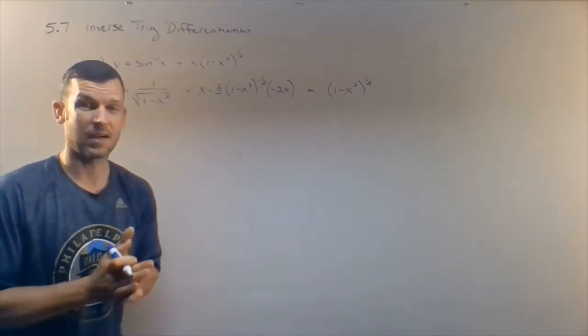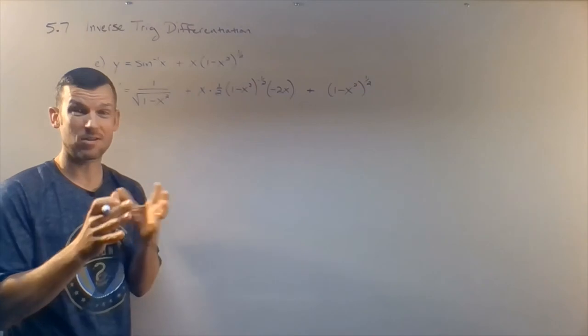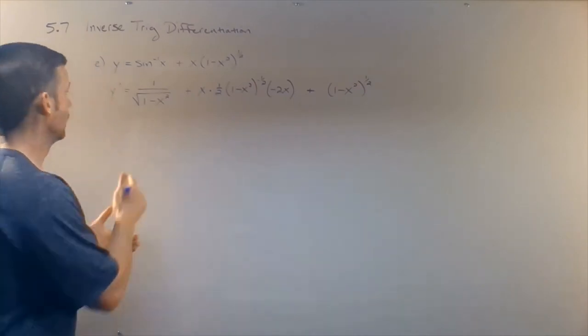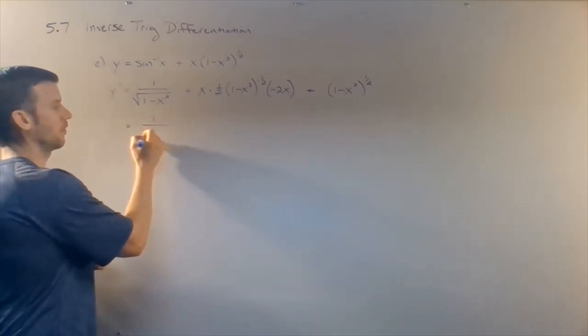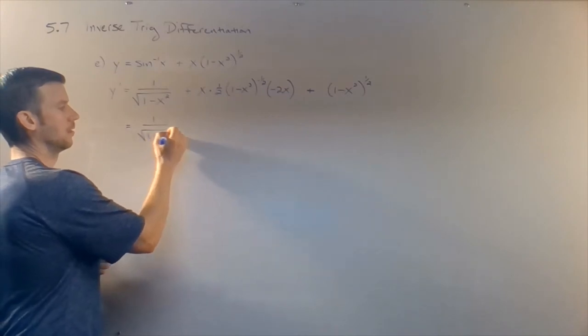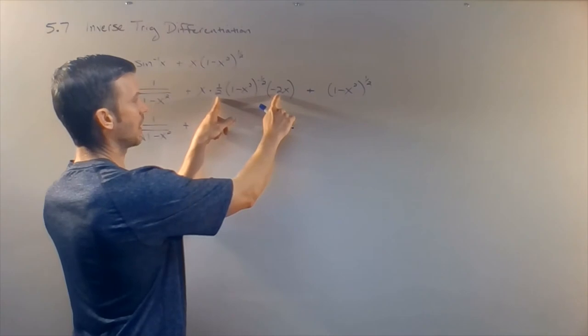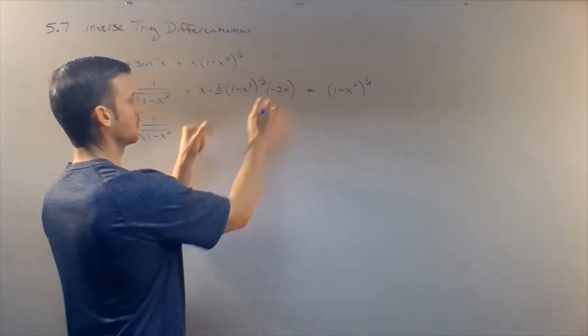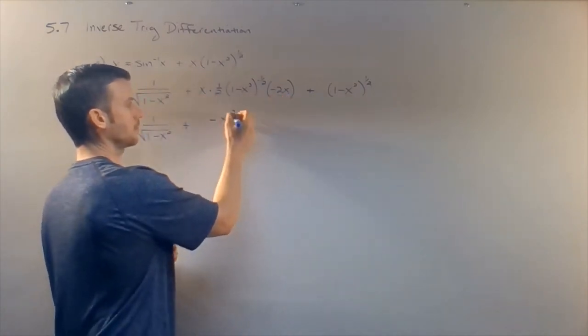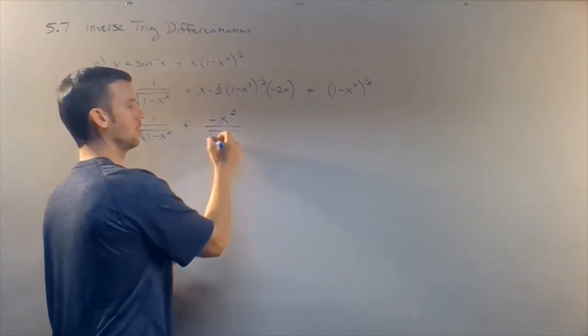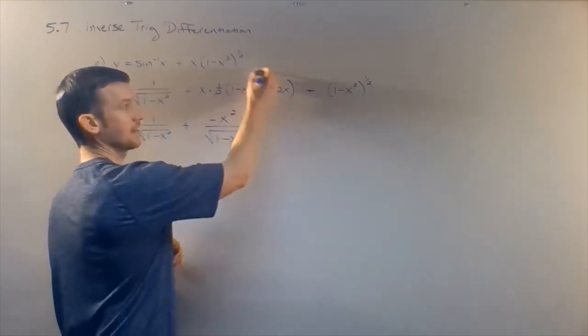Now we're going to do our simplifying. We've got some common denominators that are going to show up here. So I'm going to leave this one alone for now. This guy, okay, so 1/2 times negative 2 is negative 1. So we get a negative 1x squared over the square root of 1 minus x squared, because that has a negative exponent.